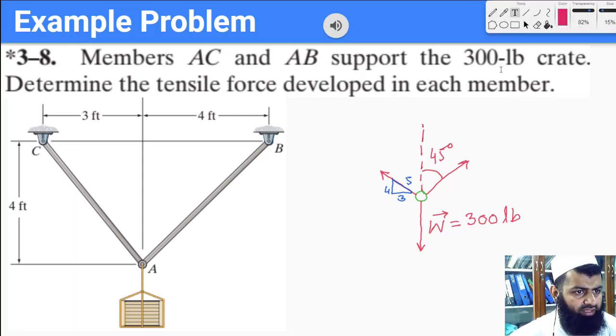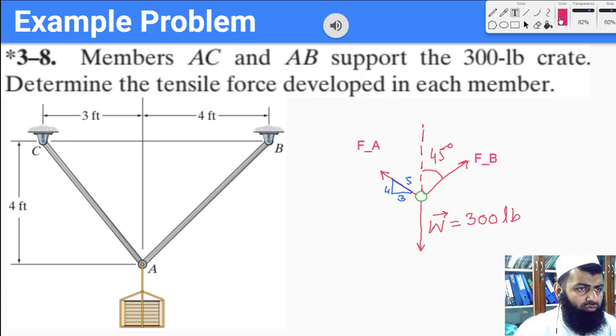So what's a good name for this force? This force is going to be force FB, and this force is going to be FA. Okay, so with this our free body diagram is complete.